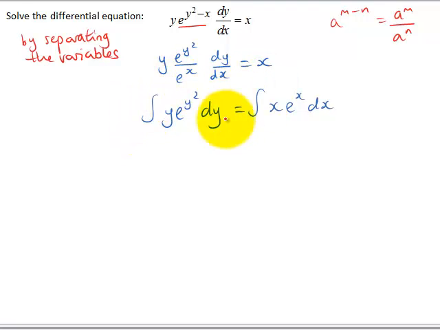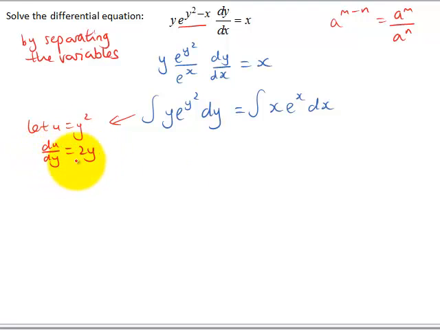To integrate the left hand side, you can use substitution. You can let u be y squared. So du/dy is 2y. So I can see that 2y dy equals du, and that makes half du equals y dy.